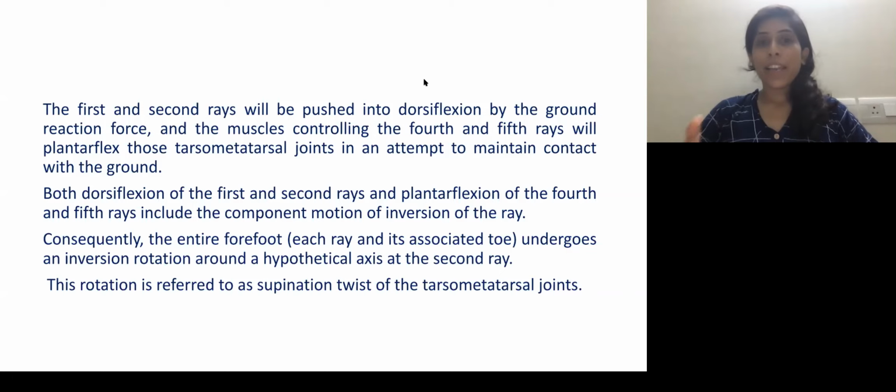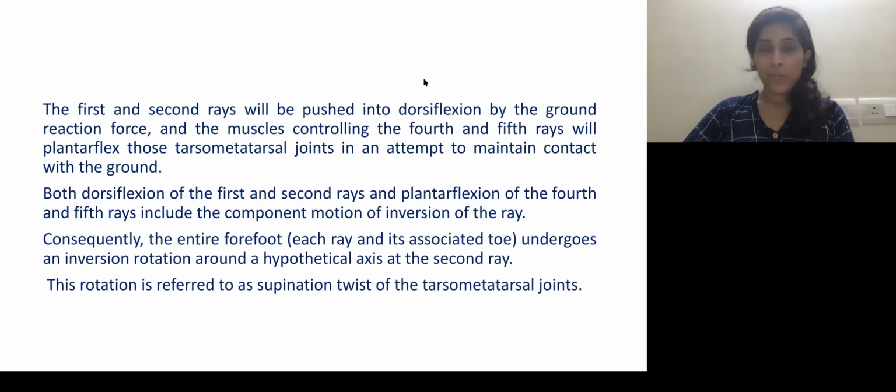Whenever the calcaneum is going for the pronated motion, the transverse tarsal joint will help us for the compensation. But if this compensation is inadequate, then the tarsometatarsal joint will supinate.